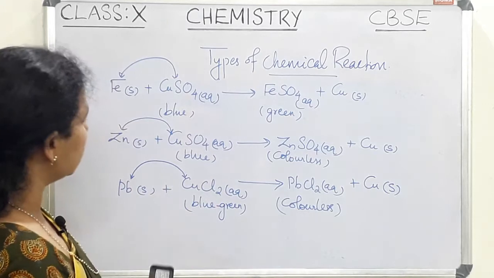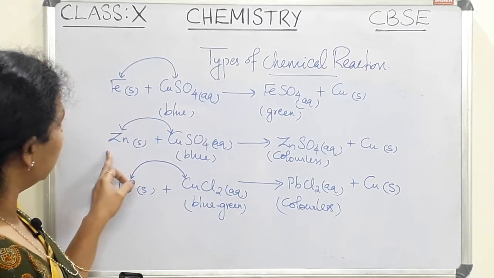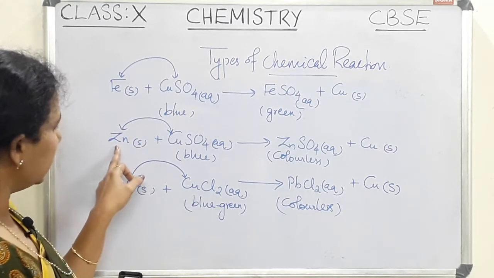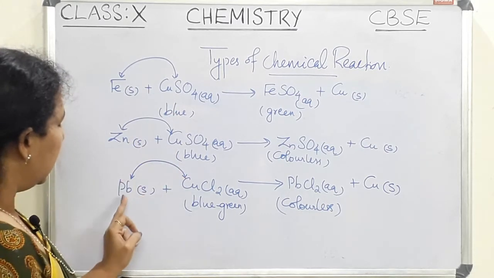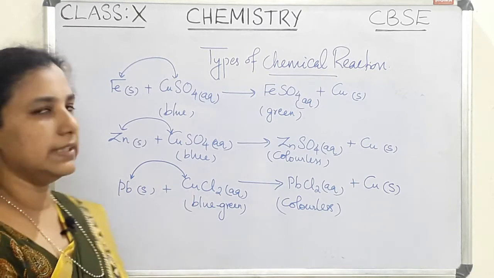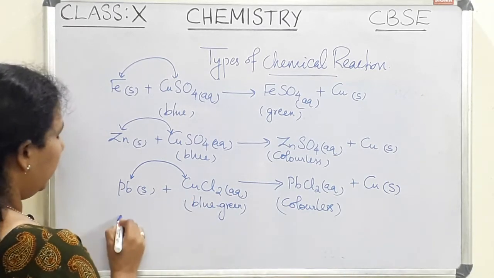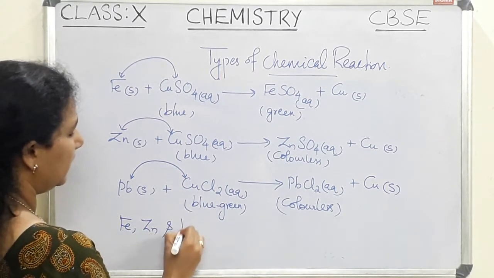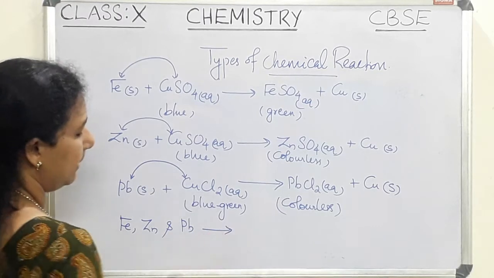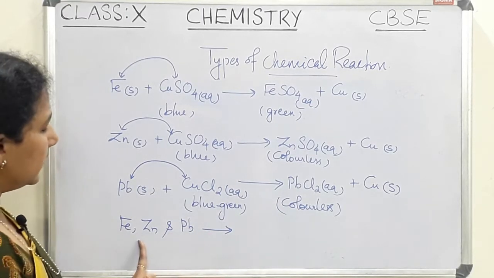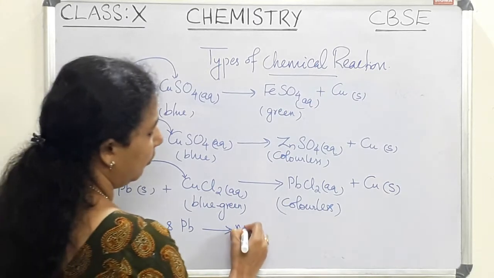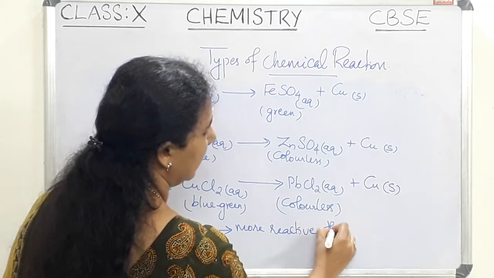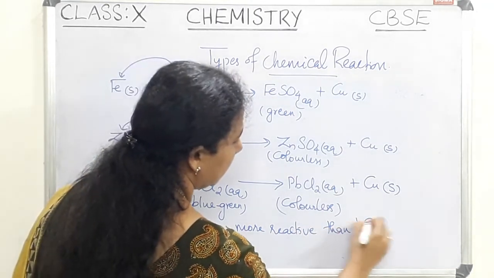So in all these cases, a displacement can be seen, where Fe displaces copper in the first case, Zn displaces copper in the second case, and lead displaces copper in the third case. That means Fe iron, Zn zinc and Pb lead are metals, and these metals are more reactive than the metal copper.